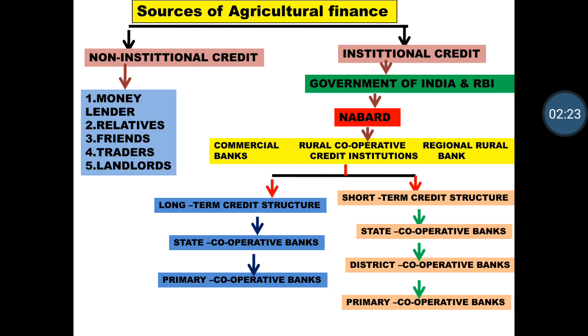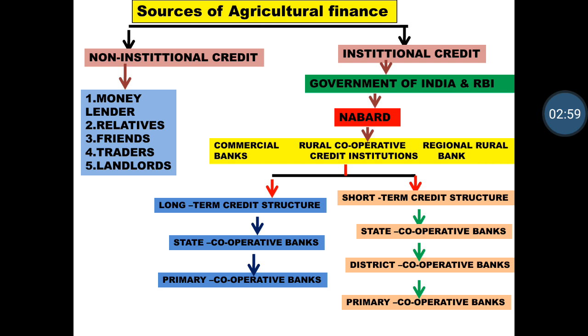Then institutional credit. Institutional credit is under the control of Government of India and RBI, and they have set up one institution which is known as NABARD, which maintains the entire structure of institutional credit. Then NABARD has classified into three categories, or we can say NABARD has given responsibility to three institutions. First is commercial banks, second is rural cooperative credit institutions, and third is regional rural banks.